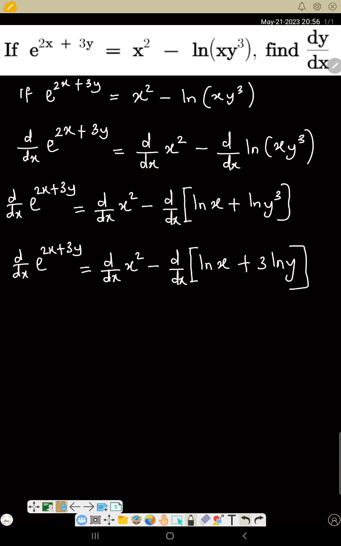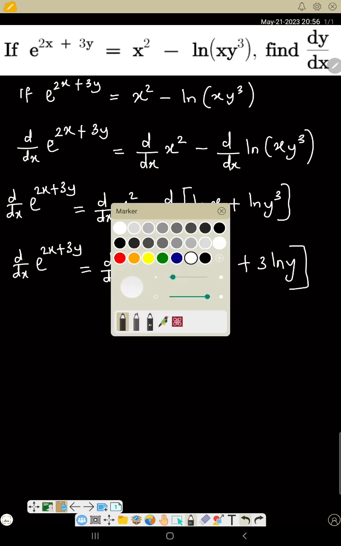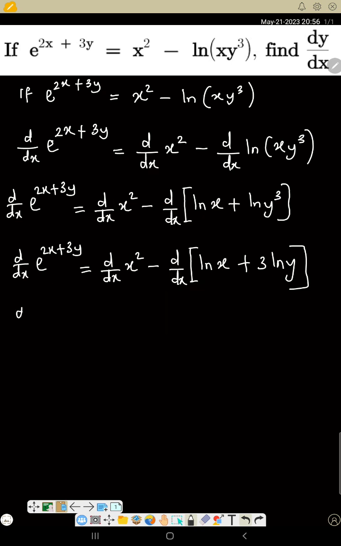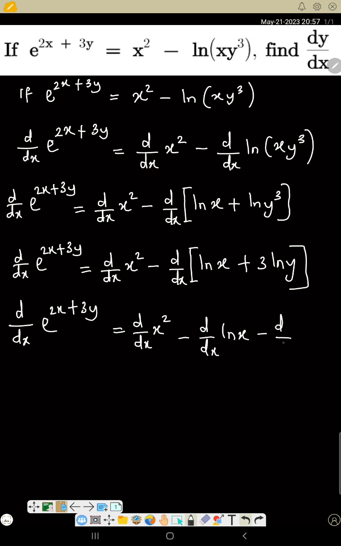So now the minus can open the bracket, so I can have d/ds of e raised to power 2s plus 3y is equal to d/ds of s squared minus d/ds of ln s minus d/ds of 3 ln y.